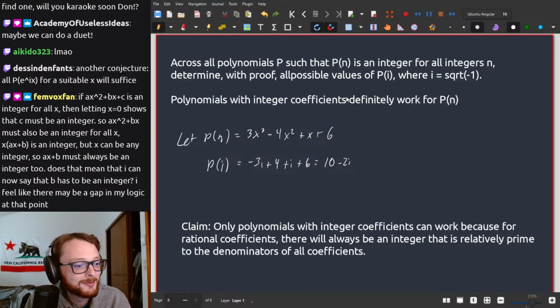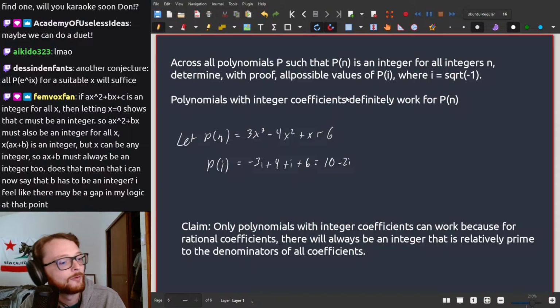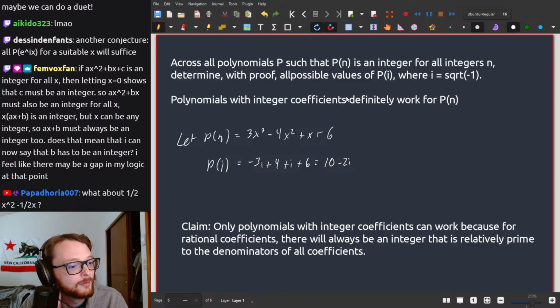I mean, ax squared plus bx must also be an integer for all x. Right. X times ax plus b is an integer, and x is fixed as an integer. Okay, yes. So ax plus b either needs to be an integer or have a cancellation. Well, okay, yeah.